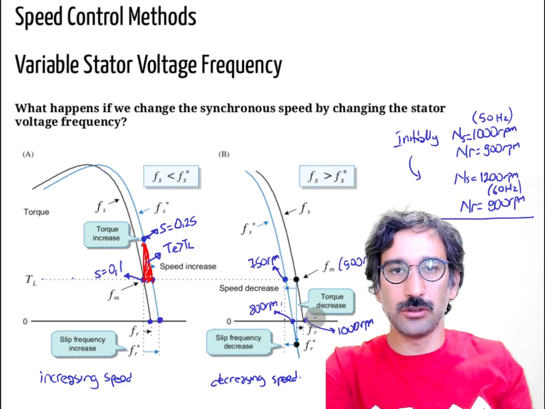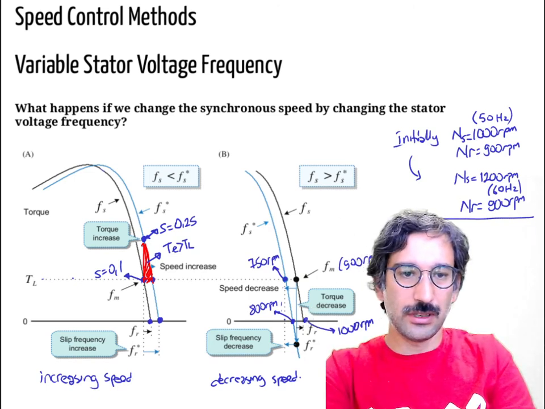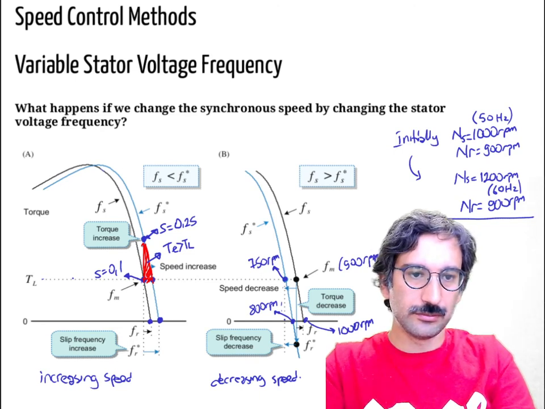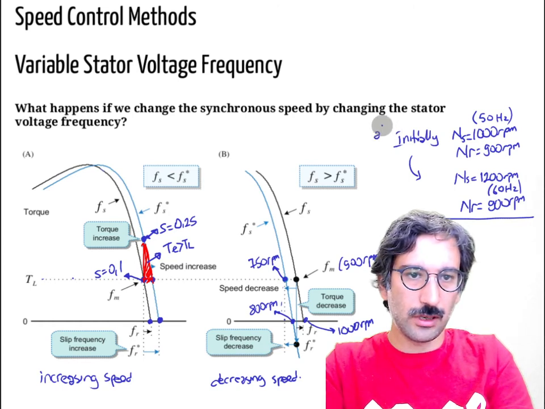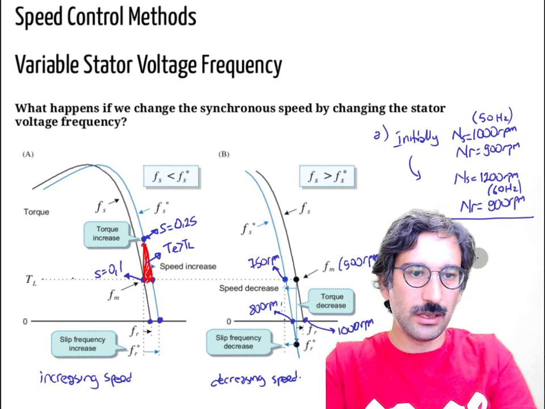You were in the motoring range. So in that one, this is for A, this is for B. Initially slip was 0.1, NR is 900 RPM, and NS is 1000 RPM.